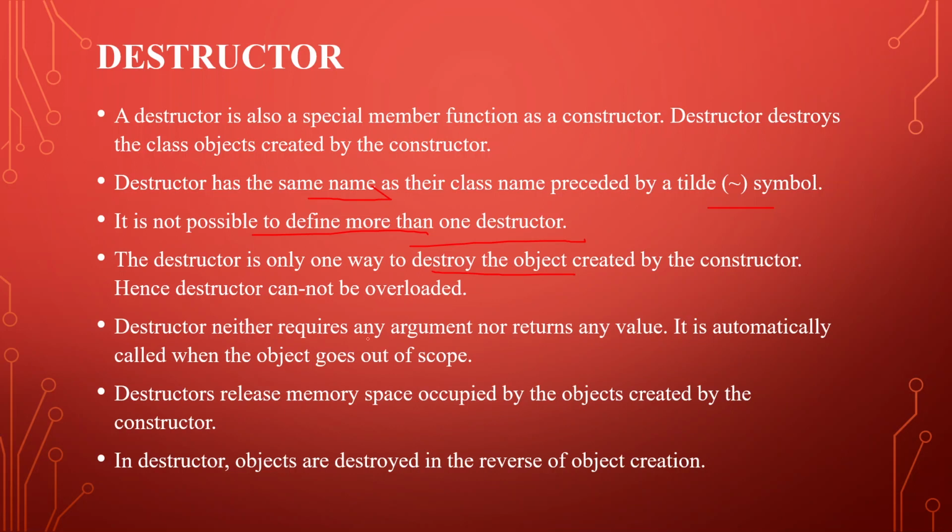The destructor doesn't have any argument. It will not have any argument. It will release the memory space. Objects are destroyed in the reverse order of object creation. The object which has been created last will be deleted first. This is how destructor will work.